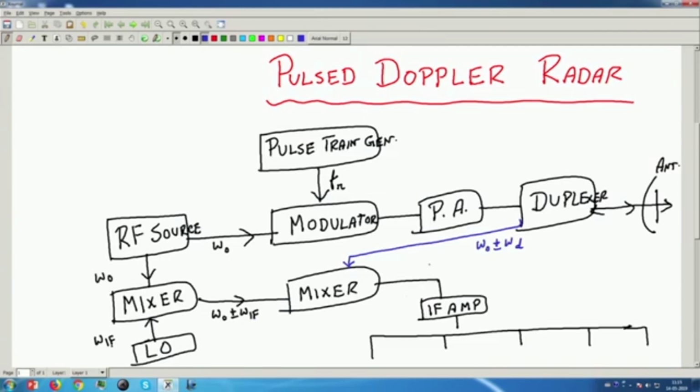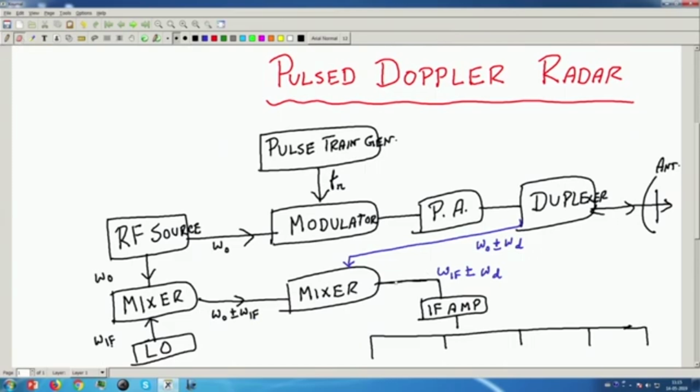So, this will come out as omega IF plus minus omega d Doppler. Then IF amplifier, generally it is a match filter.